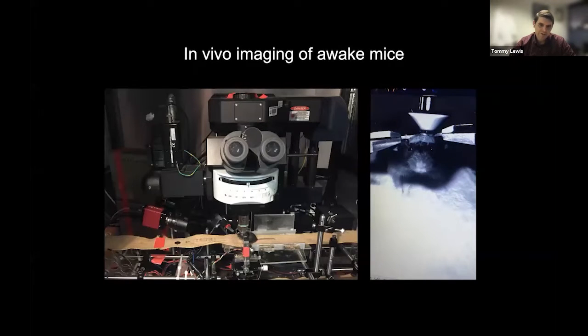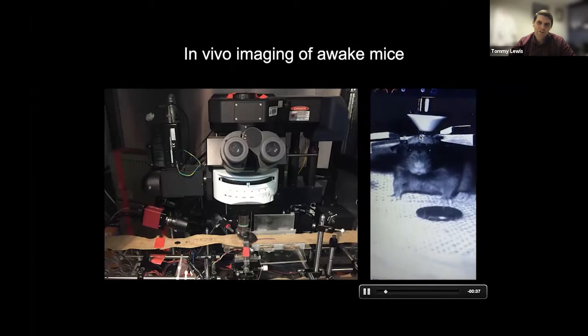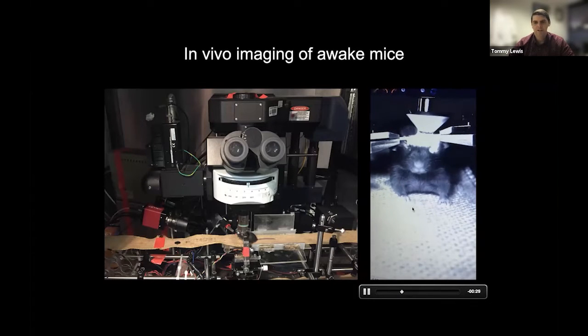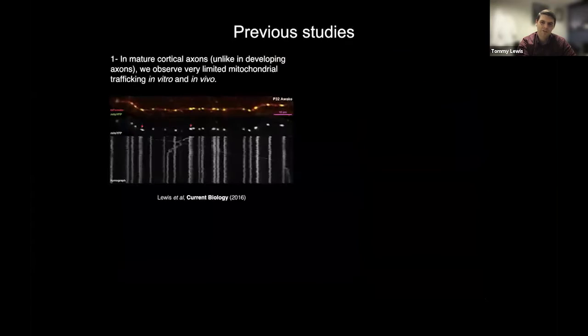Essentially I have a custom-built setup with a 2-photon where we head-fix the mouse under the objective, but they are running or walking along a treadmill. We install a cranial window in the skull so that we can image through that window while the mouse is awake and either sitting on the treadmill or walking along it, so that we can visualize this again in a physiological environment.